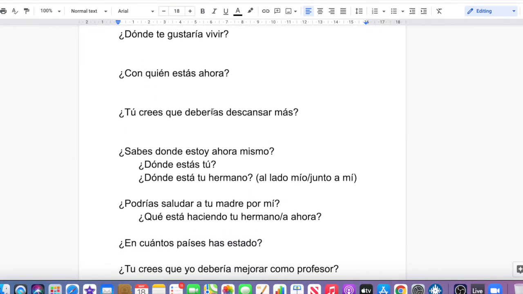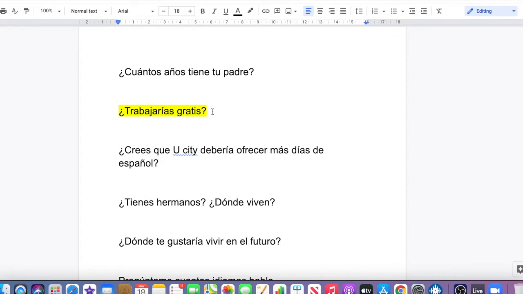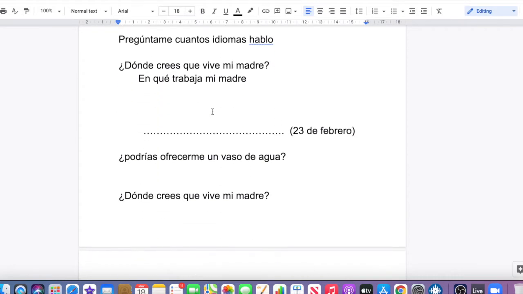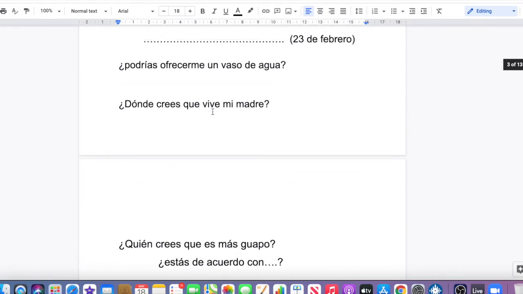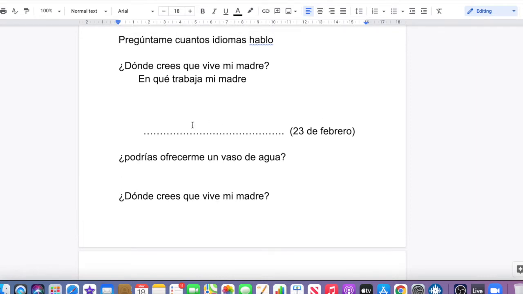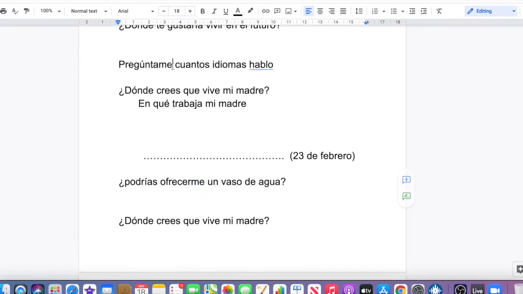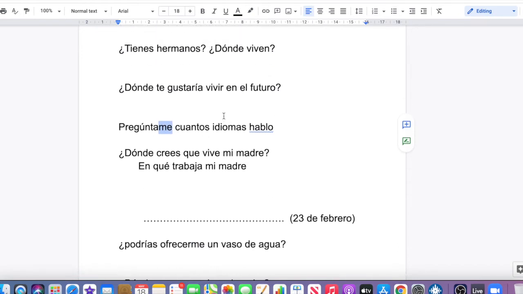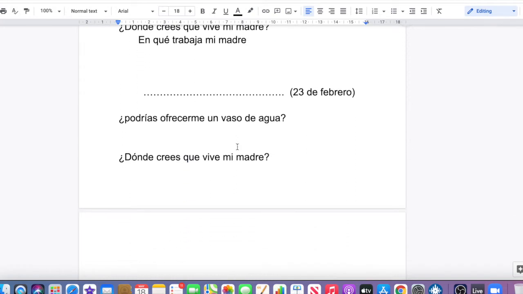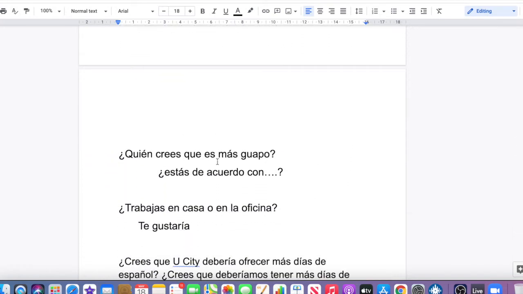A little bit more advanced as the weeks progress, so you could develop a little bit more advanced questions like, could you offer me a glass of water? Okay, by this time I already taught the direct and indirect object pronouns, at least me and te. ¿Quién crees que?